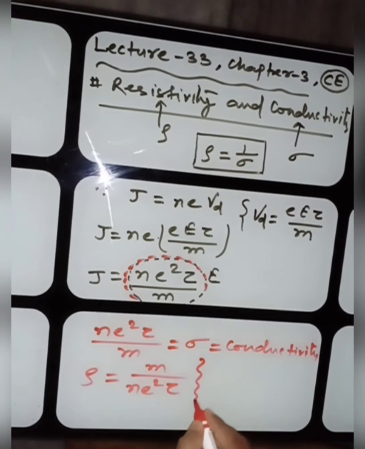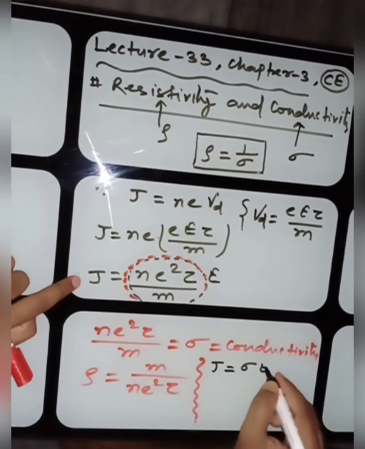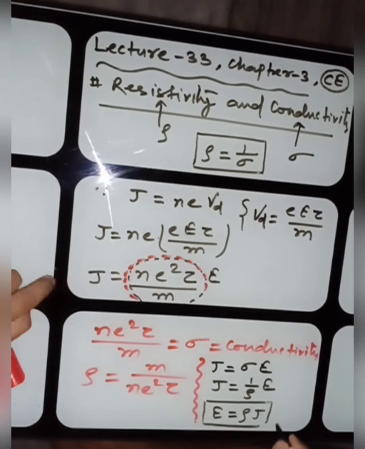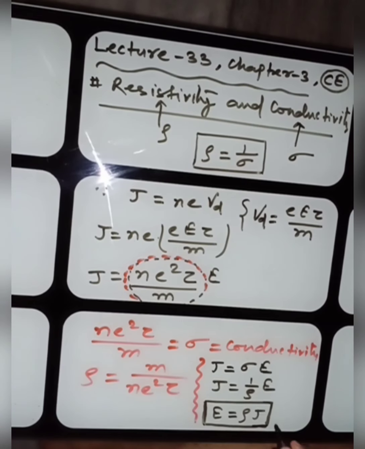Now another very important relation we obtained here: if it is conductivity, then J can be written as sigma into E, and if it is 1 by rho, then E can be written as rho J. You have to remember this formula, and every morning you have to memorize E equals rho J. Here rho is the resistivity, and J is the current density.